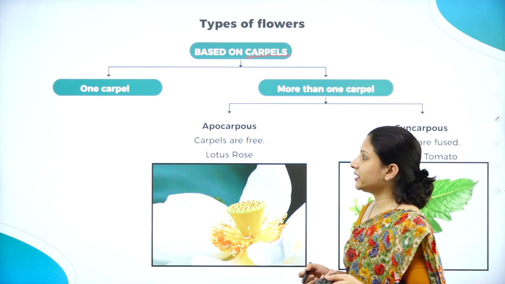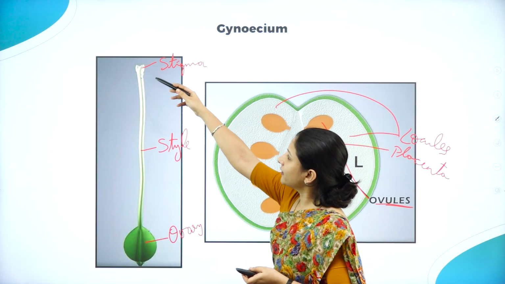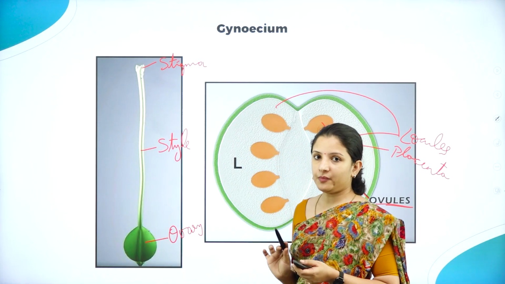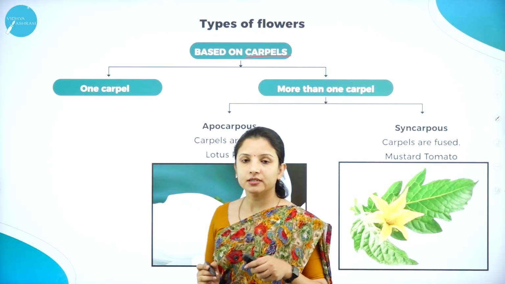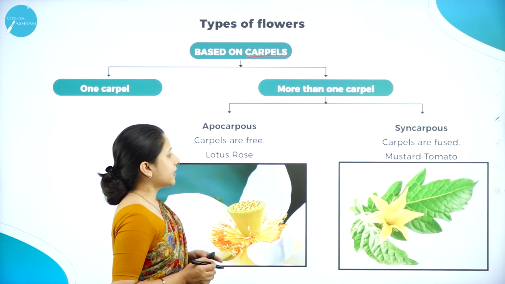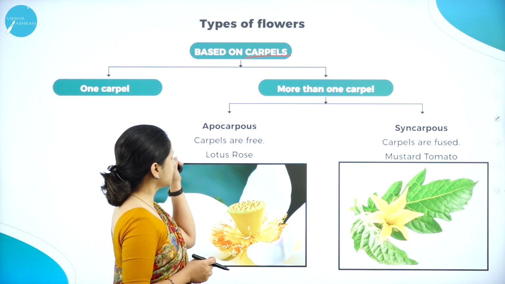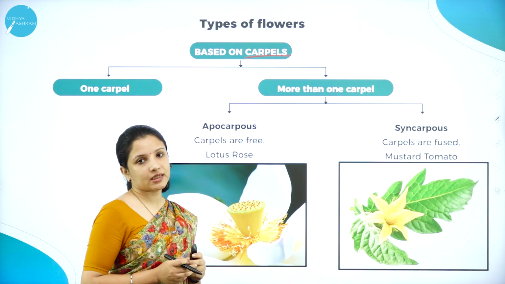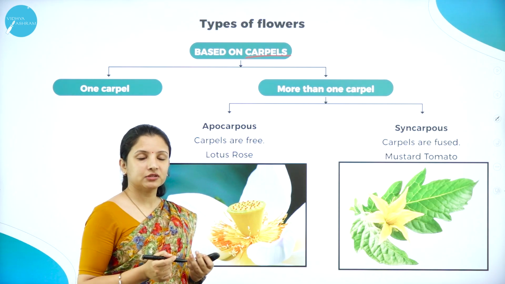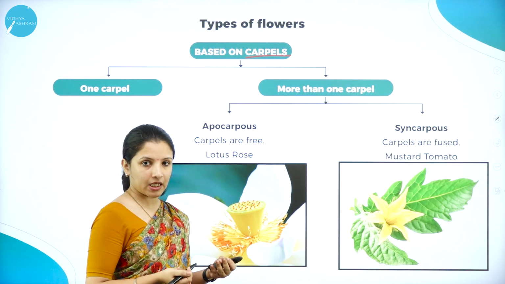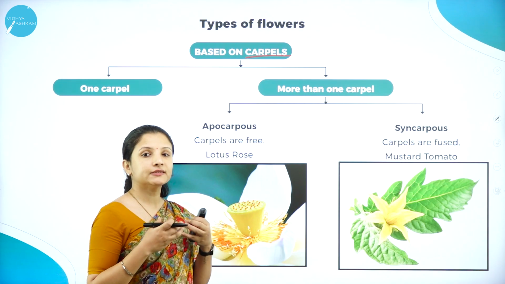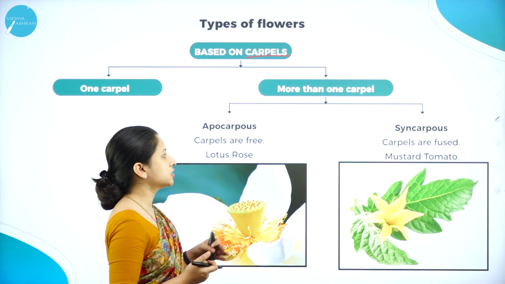One carpel means, as I showed you, only one gynoecium or carpel will be present. But if it is more than one carpel, again they can be of two types, apocarpous or syncarpous. Apocarpous means the carpels will be free. Syncarpous means they are fused.